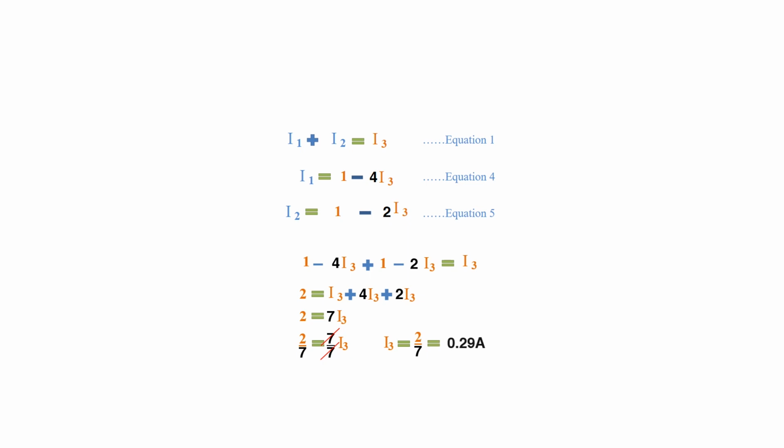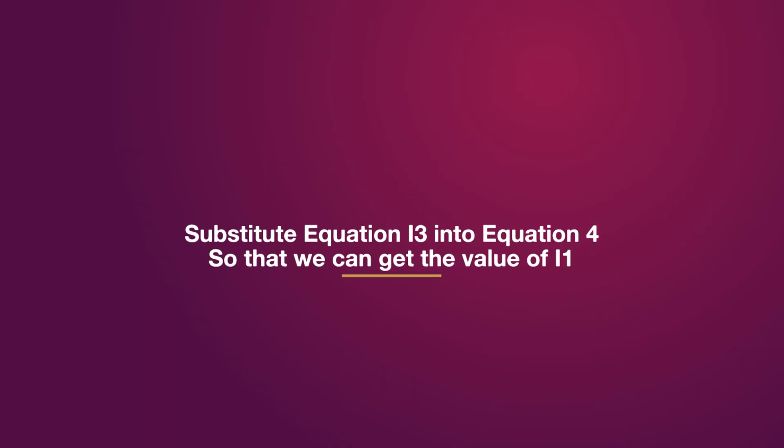0.29 amps. Now we have I3, we substitute into equation 4 so that we get I1. So I1 is 1 minus 4 into 0.29. If we use our calculator here, we get 4 multiplied by 0.29 is 1.16. So 1 minus 1.16 is minus 0.16 amps.